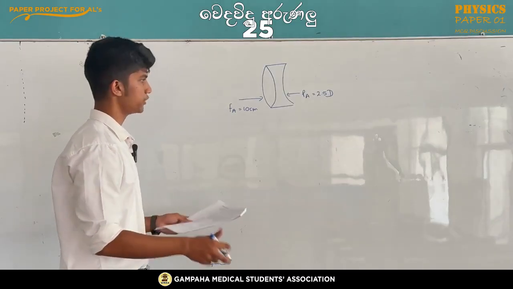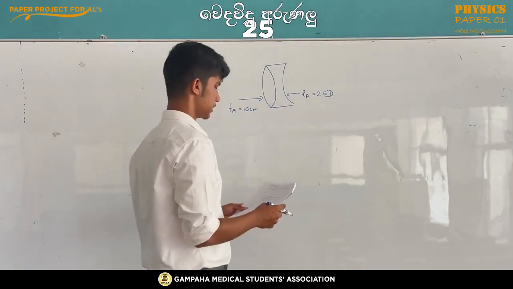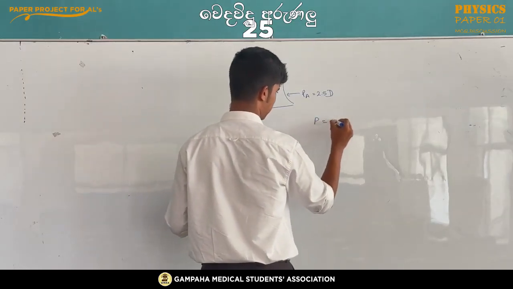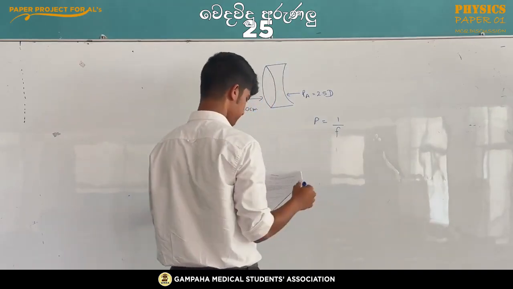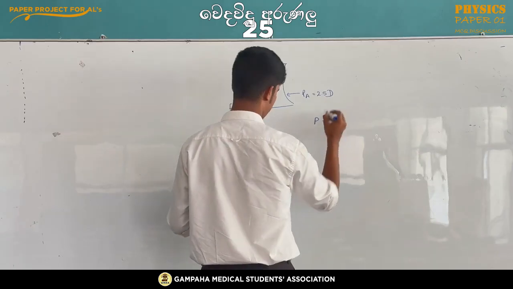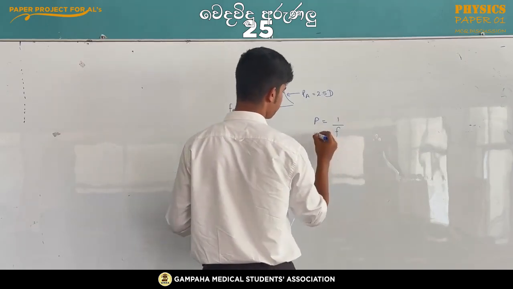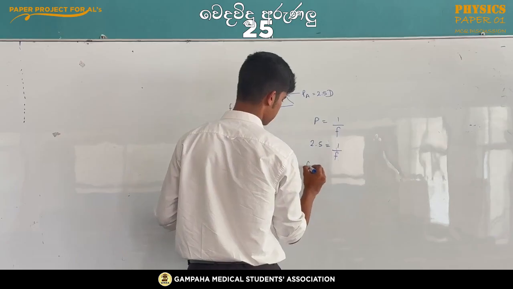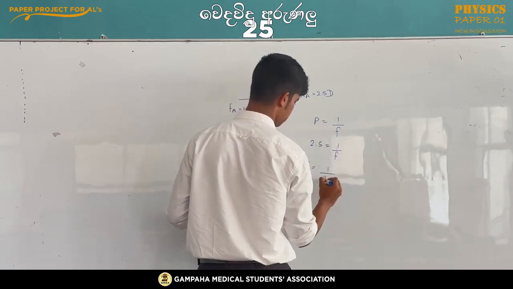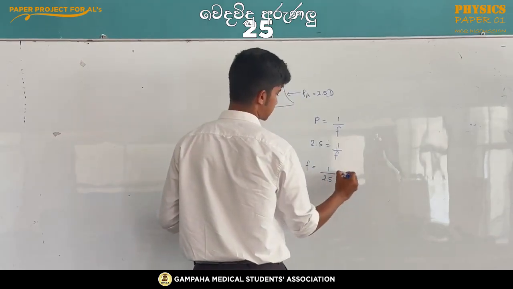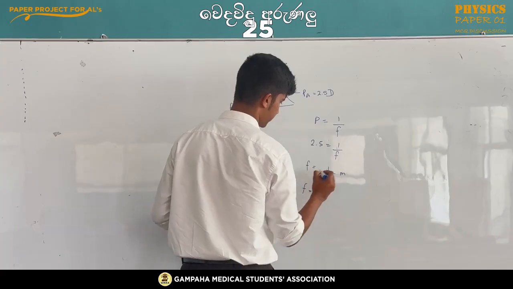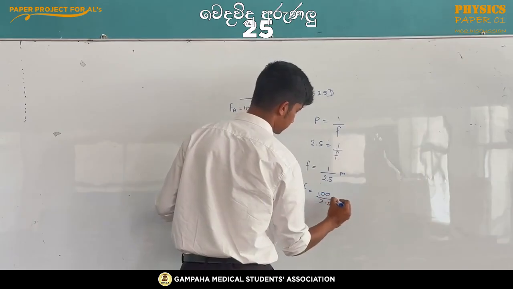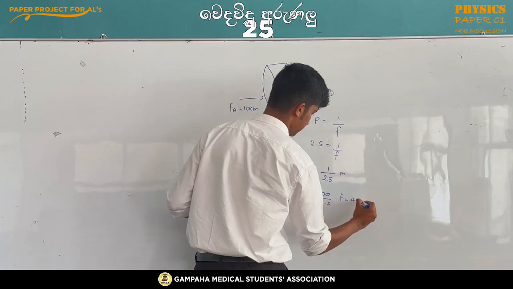Using the power of the concave lens, you can find the focal length of the concave lens, and as you know, the power is the reciprocal of the focal length. Since this is given in meters, you can convert this into centimeters by multiplying this by 100, and then the focal length is equal to 40 centimeters.